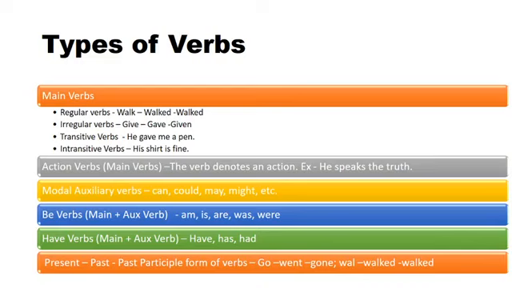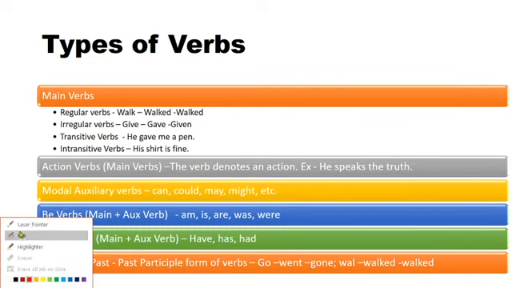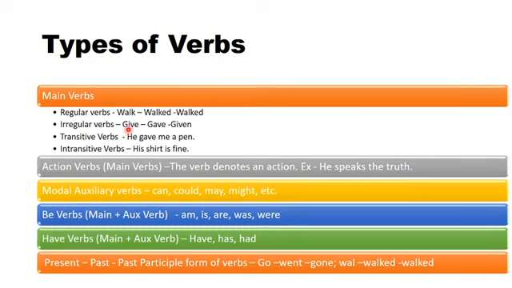Look at the irregular verb, the second example: give, gave, given. If it went in the regular pattern, it would be give, gived, gived. But it is not going that way; it is going in an entirely different way. That's why these verbs are not regular, they are irregular. But with walk, only -ed is added, so all those are regular forms. Here it is an entirely new form. That's why it is called an irregular verb.